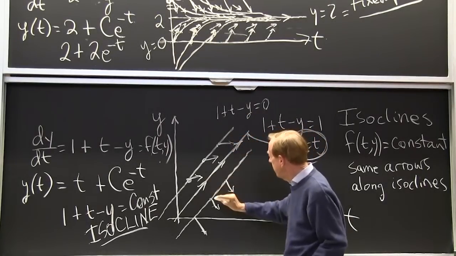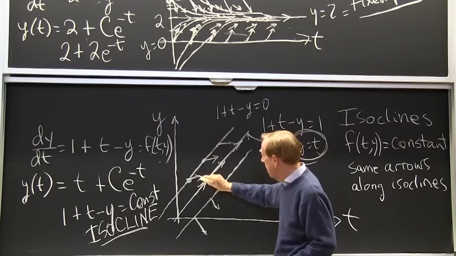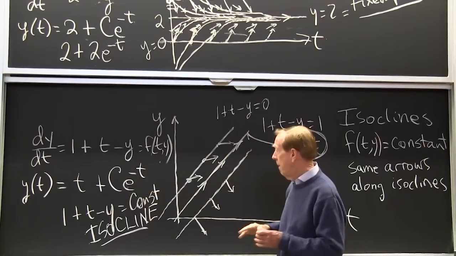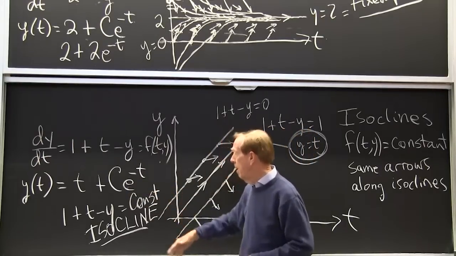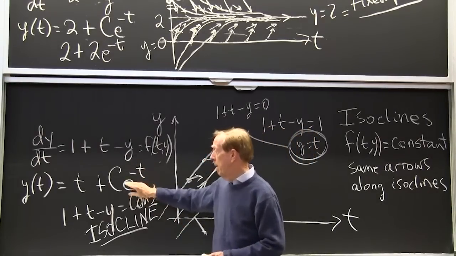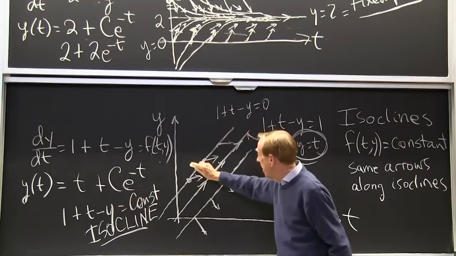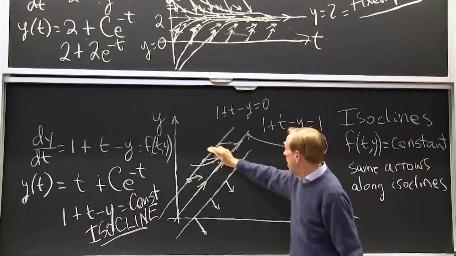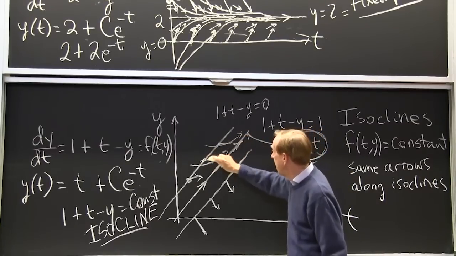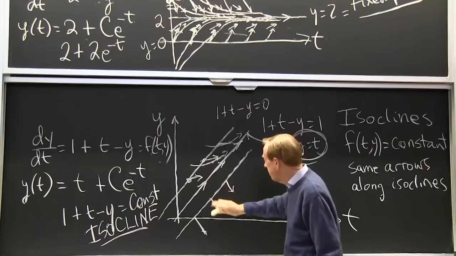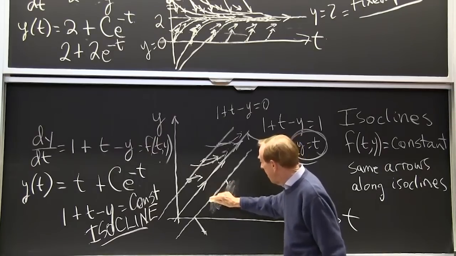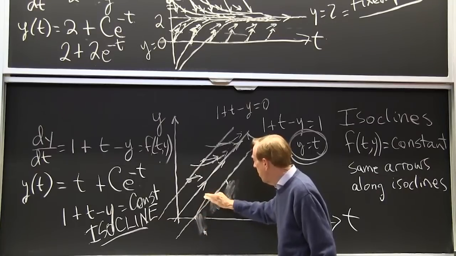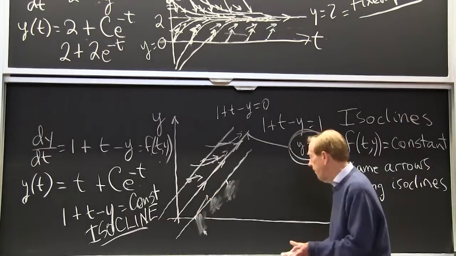What I'm expecting to see, and I'm expecting it from the formula too, is that as time goes on, this part goes to 0, and y goes to t. I believe that all the solutions will approach y equals t. Darn, that's not right. The slopes should be coming upwards. Yeah, I can figure that out.